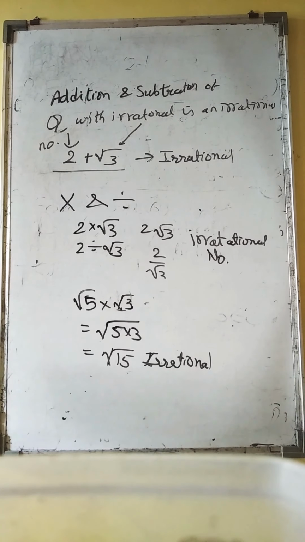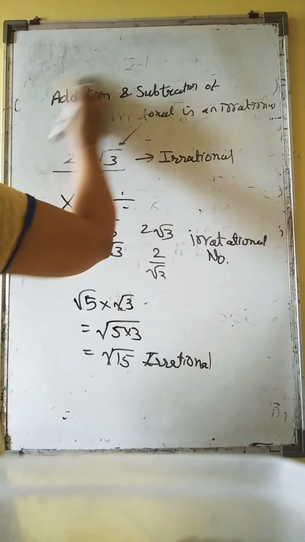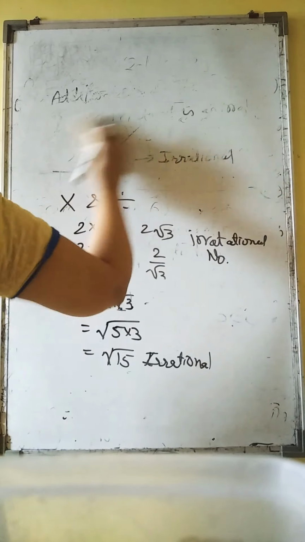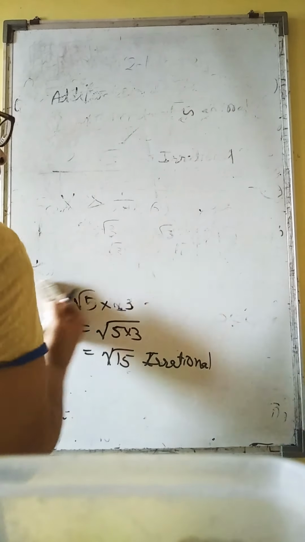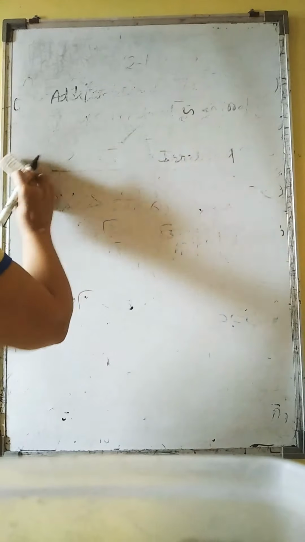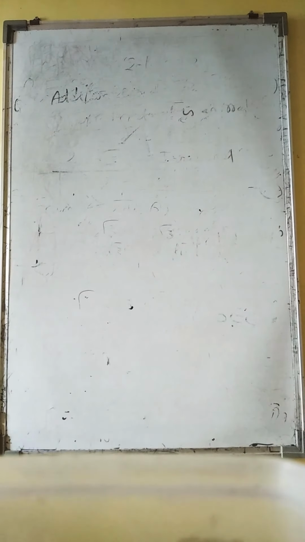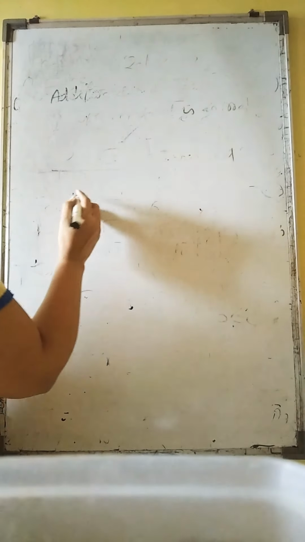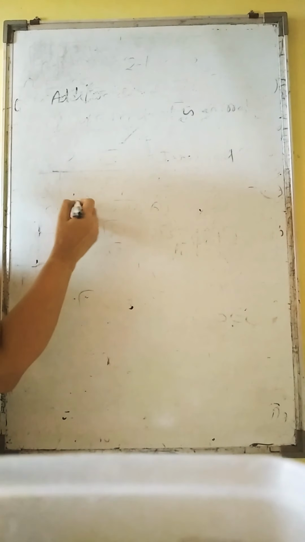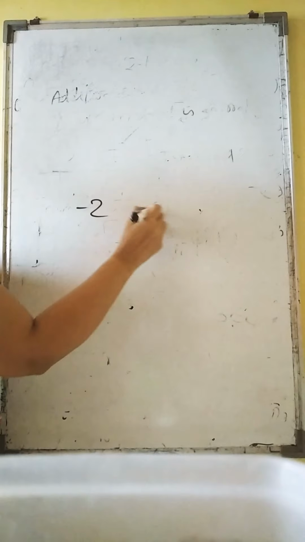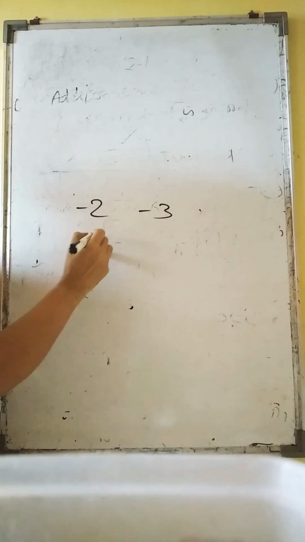Now last thing, the properties of the order relationship of real numbers. That's very easy. Let us understand that. Children, you have two numbers. Say you have numbers like -2, -3, or -2, 3.